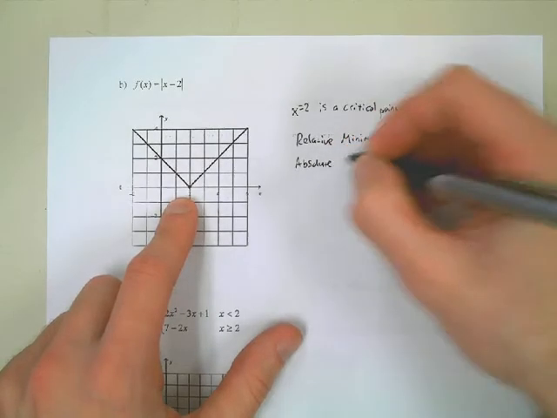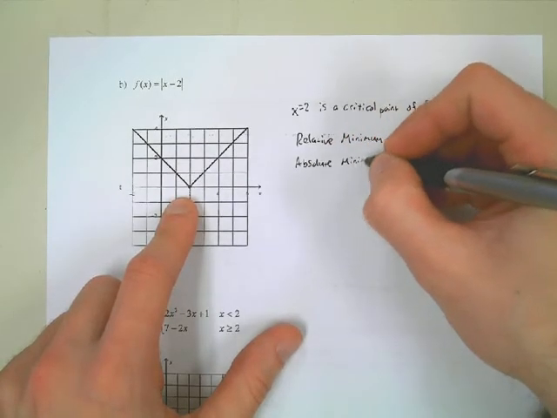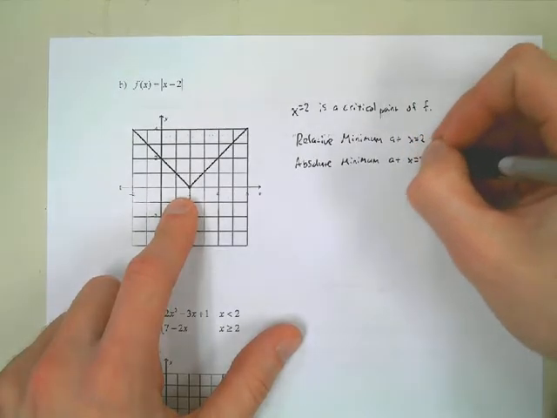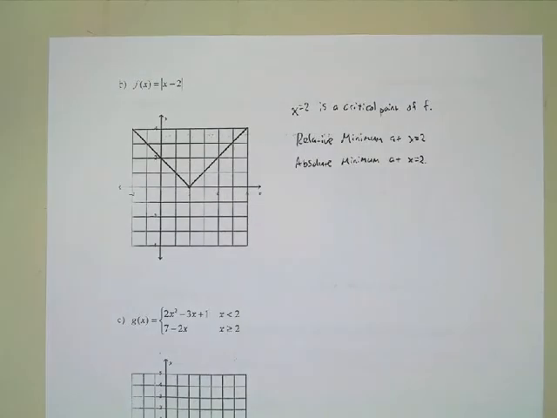Do we have to refer to it as both, or does absolute trump relative? You will be asked for them separately. Sometimes you'll only be asked for relative extrema, sometimes only for absolute extrema, so it really depends what you're asked for. I'm going to give them both here for the thoroughness of your notes.